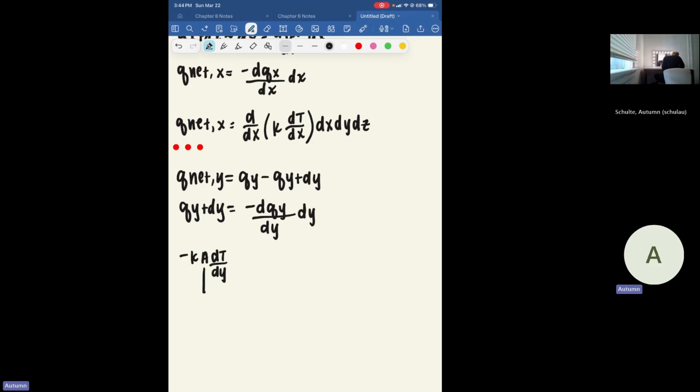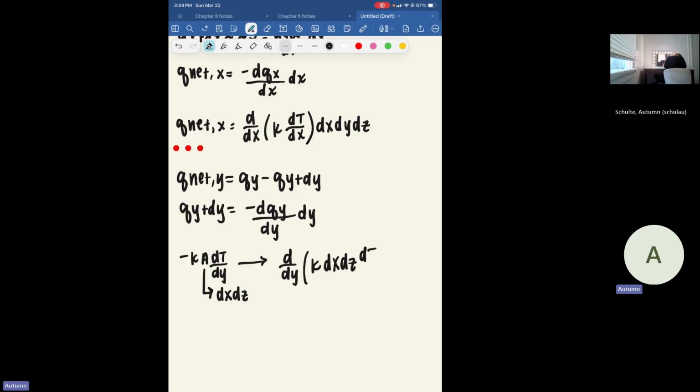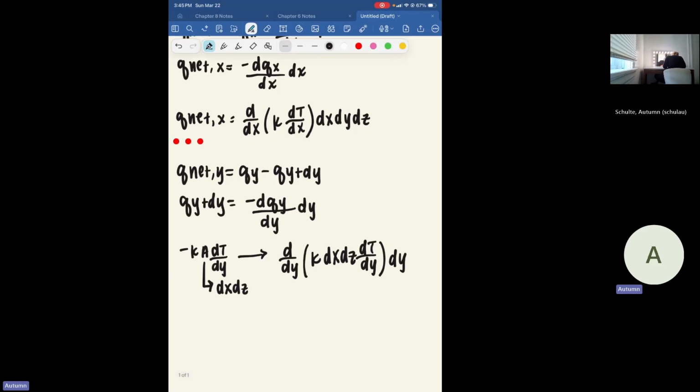Our area this time is going to be dx dz. So if we plug that in, we're going to have the derivative with respect to y multiplied by the thermal conductivity k times our area dx dz multiplied by the change in temperature with respect to y multiplied by dy.